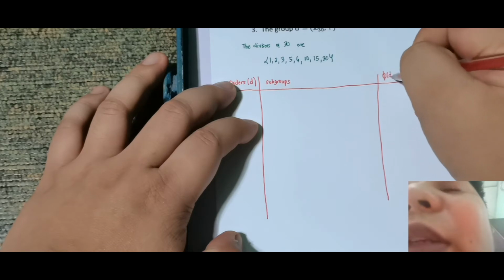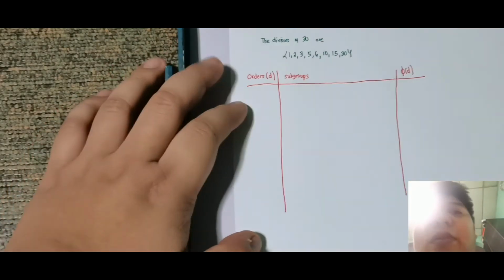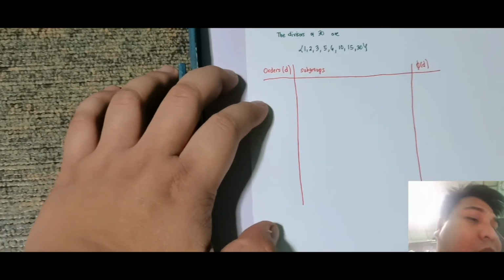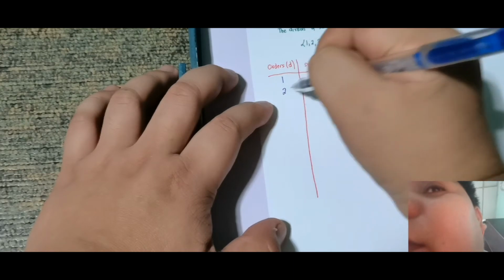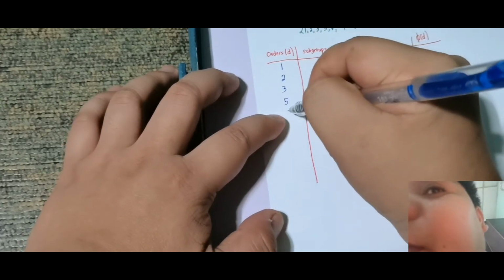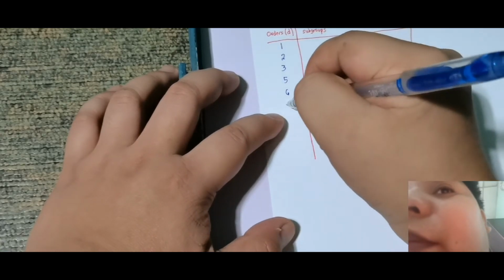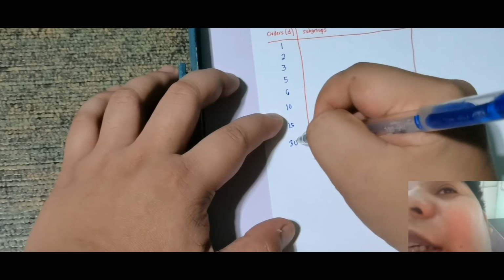Okay, so to determine whether the number of subgroups we are finding is correct. So again, the orders of our subgroups, let's just list them here. So again, this is 1, 2, 3, 5, 6, 10, 15, and 30.